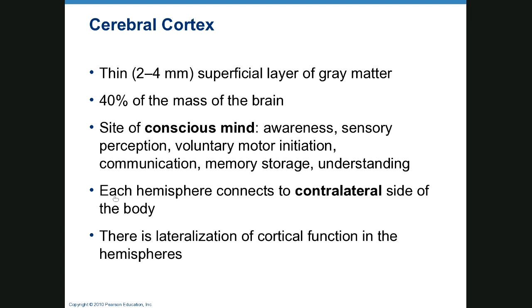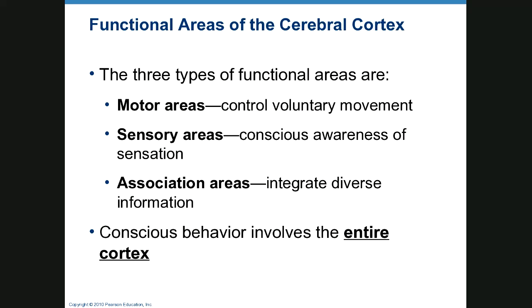And each hemisphere connects to the contralateral side of the body. That means the other side. And there is some lateralization of cortical functions. The left has a few things the right doesn't have, and vice versa.